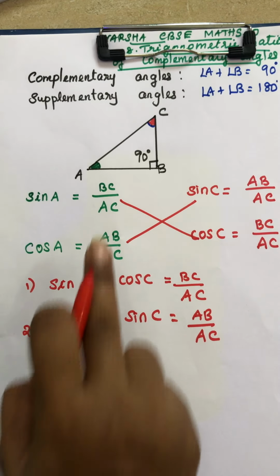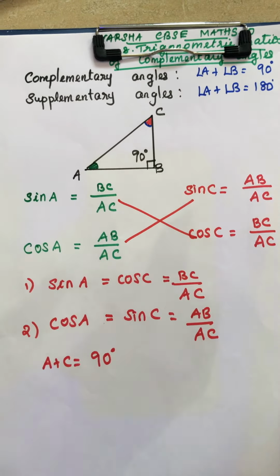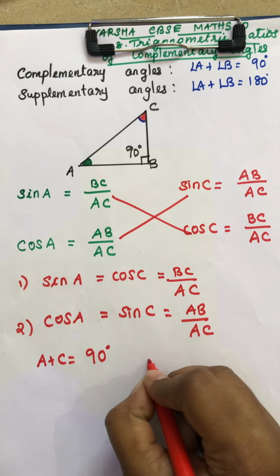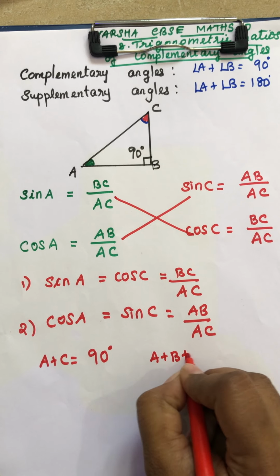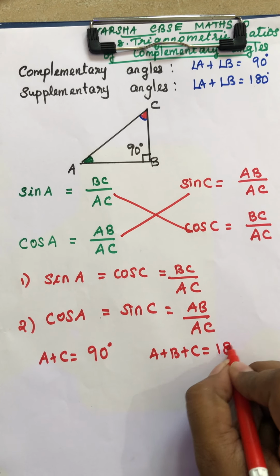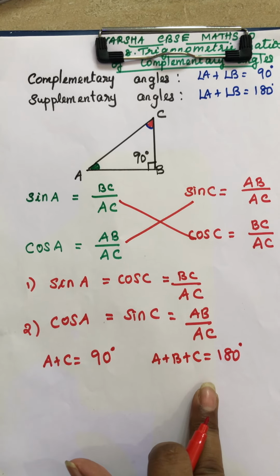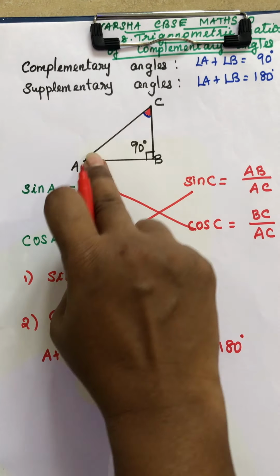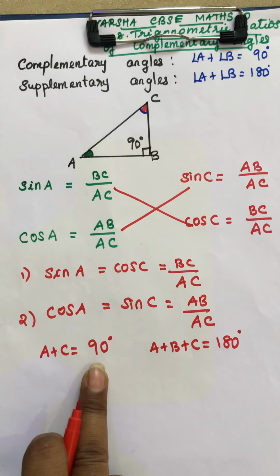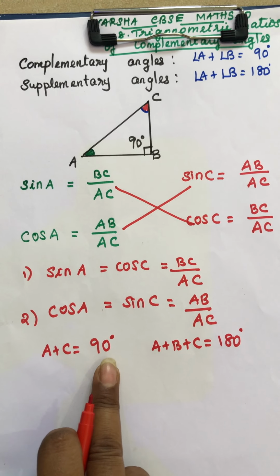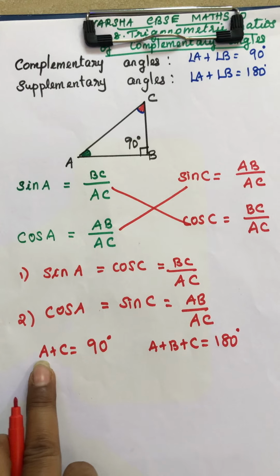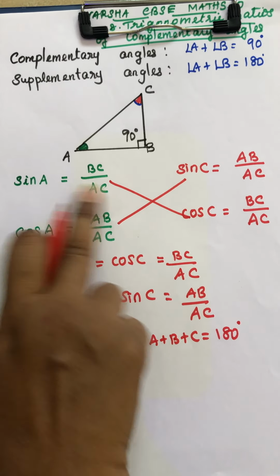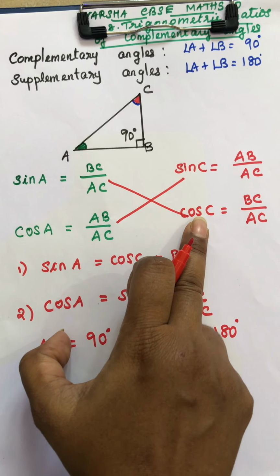Because the sum of the three angles of a triangle is always 180 degrees. So A plus B plus C is equal to 180 degrees. B is 90, so the sum of A and C should be 90 degrees. So these are called complementary angles. When you take sin A, sin A is equal to cos C, meaning A and C are complementary angles.